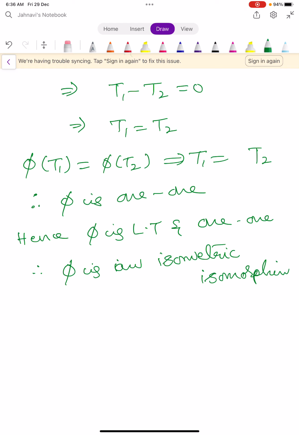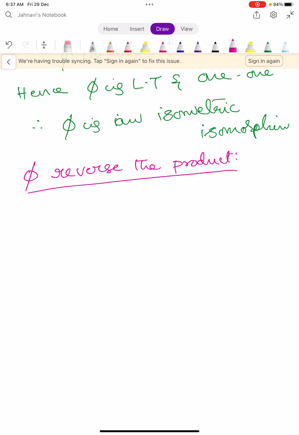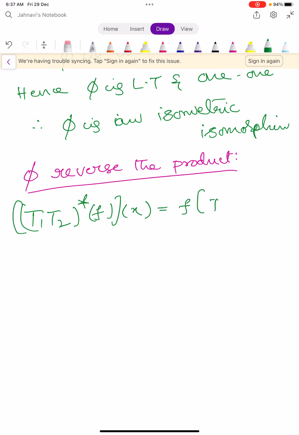So, to complete our proof of the theorem, it remains to prove that pi reverses the product. To prove that pi reverses the product, let us consider (t1 t2) star f of x is equal to f of t1 t2 of x.